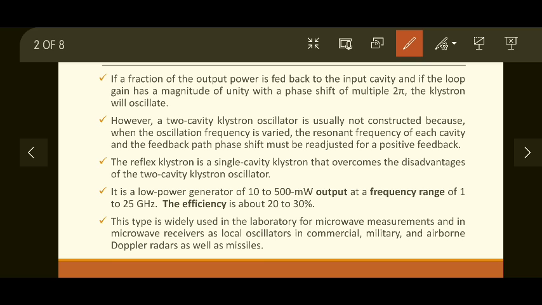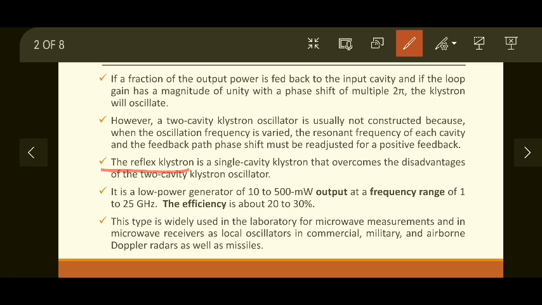So that's why two cavity klystron or multi cavity klystron are not used as an oscillator, and they are preferred for amplifiers. But the reflex klystron is a single cavity klystron that tries to overcome the disadvantages of the two cavity klystron oscillator. So the solution is that we are using the reflex klystron. To make these klystrons an oscillator, we will use a separate type of klystron, that is the reflex klystron.